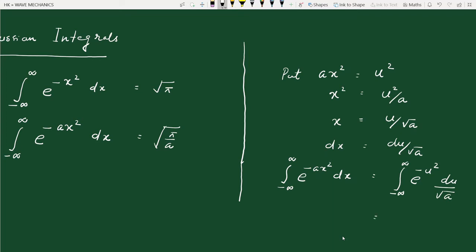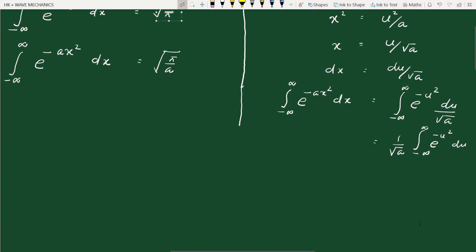Now you can take root a outside, so 1 by root a integral minus infinity to plus infinity e raised to minus u square du. What is that? e raised to minus u square du is gamma half, which is nothing but root pi. So what you get here is 1 by root a into root pi, that is root pi by a.